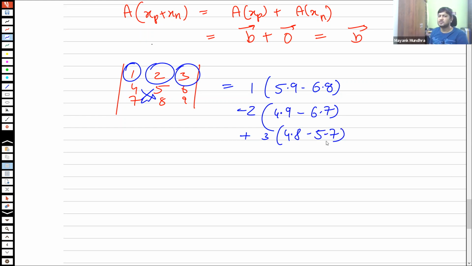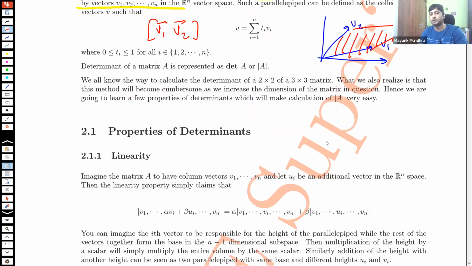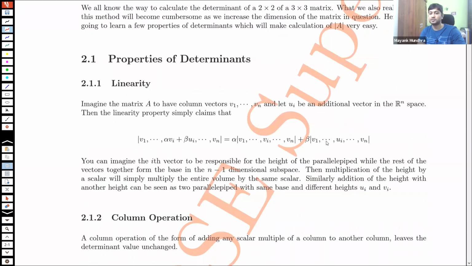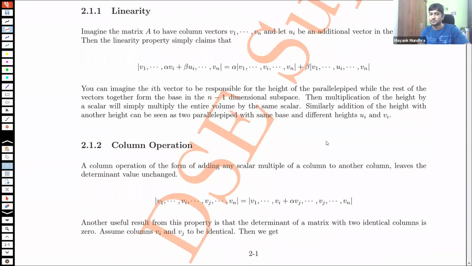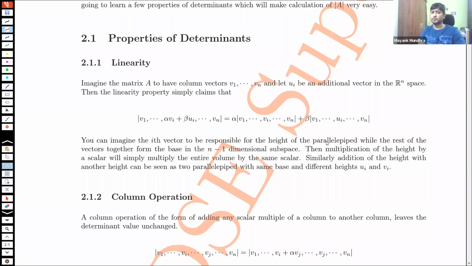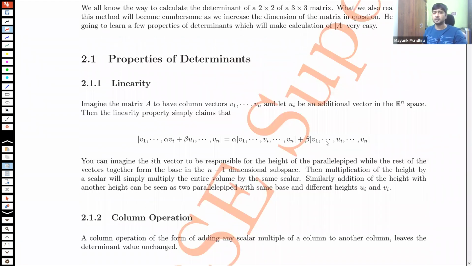For higher dimensions, it's going to be complicated. So the idea is, I don't want to use complicated maths. I want to use some simplifications. So I'm going to introduce some properties of determinants. These are basically related to row operations and column operations and how they leave the determinant value unchanged.